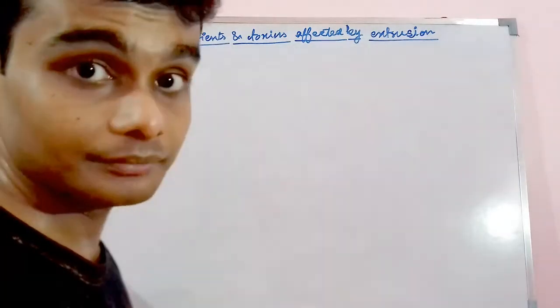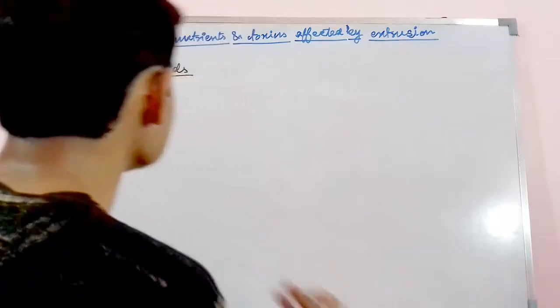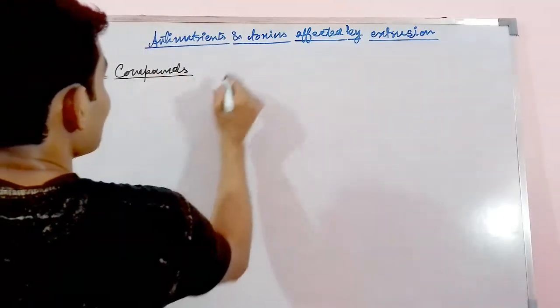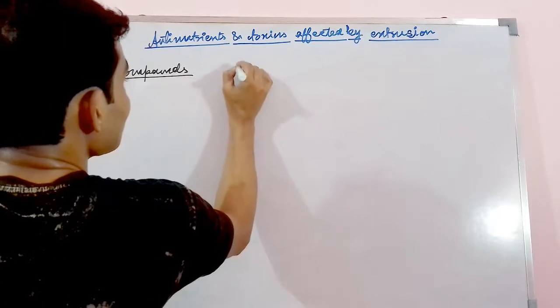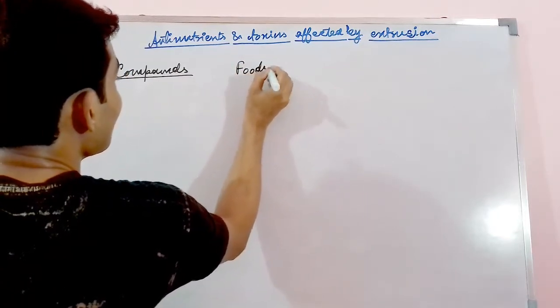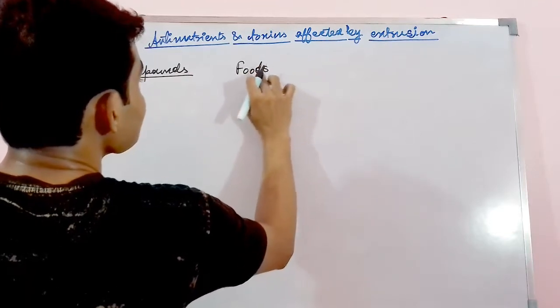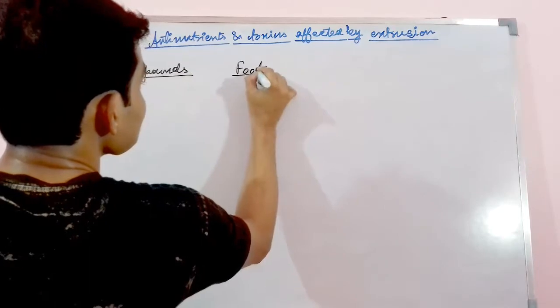Okay, the anti-nutritional, toxic or harmful compounds, or the contaminants. Now the second column, I will write the foods. Foods means the type of food material in which these compounds might be present.